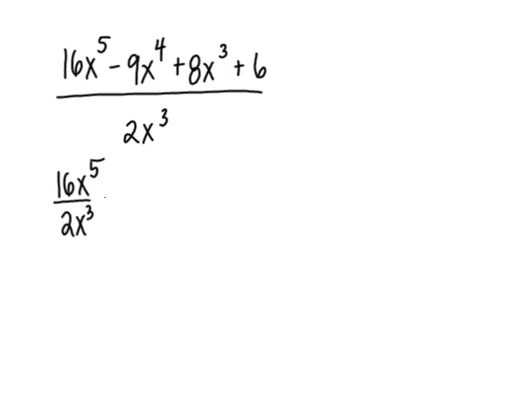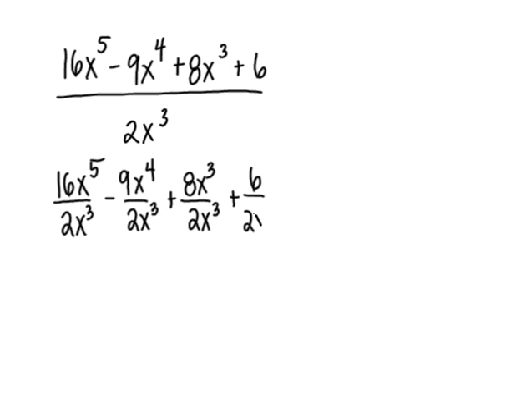My second term is a negative 9 x to the 4th over 2x cubed, plus 8x cubed over 2x cubed, plus 6 over 2x cubed. Each of the 4 fractions will simplify.